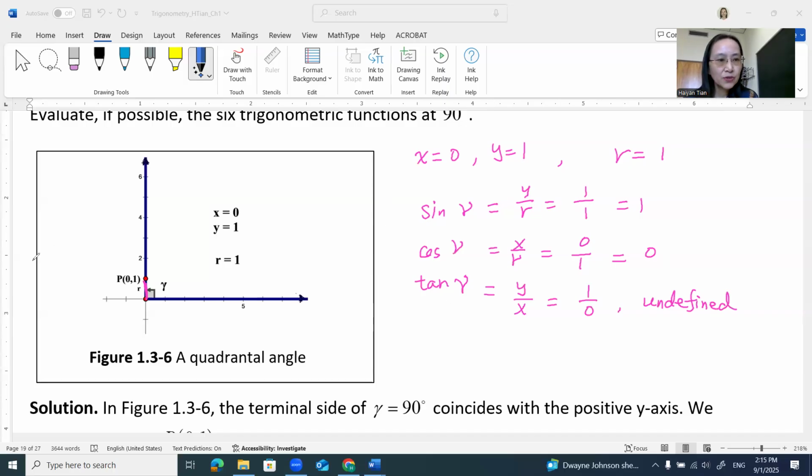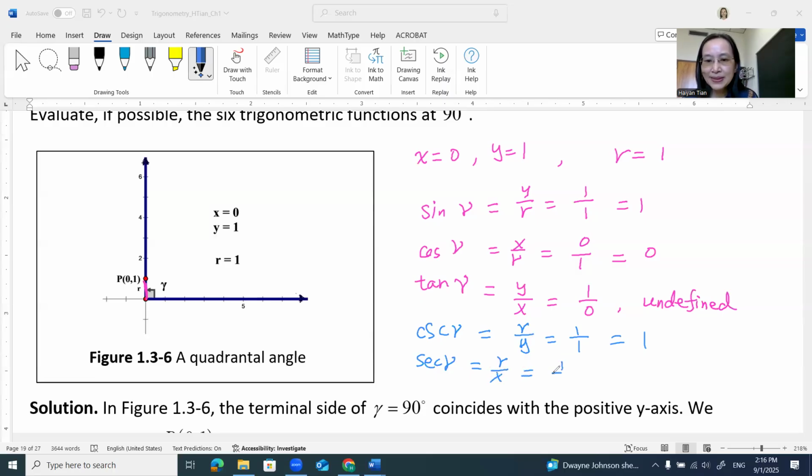And then let's move on to the three other function values. First, cosecant gamma. Cosecant gamma is r over y. R is 1 over 1, so 1. Secant gamma is r over x.